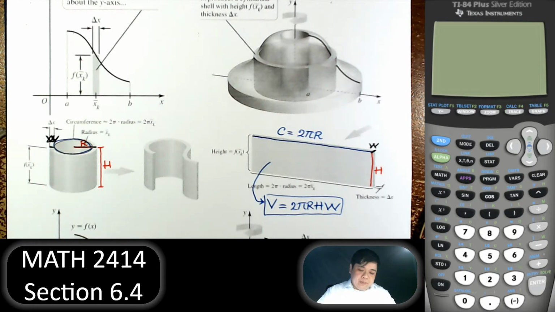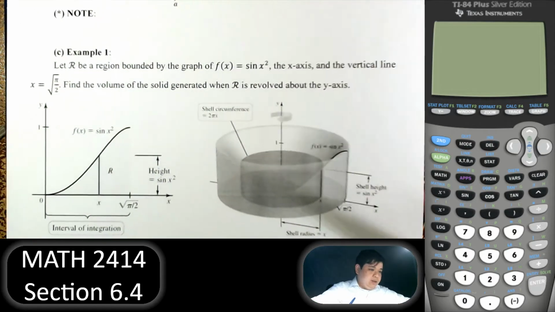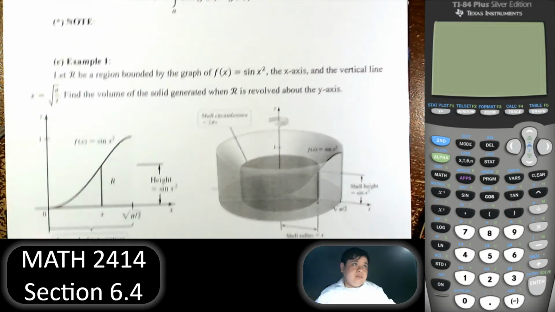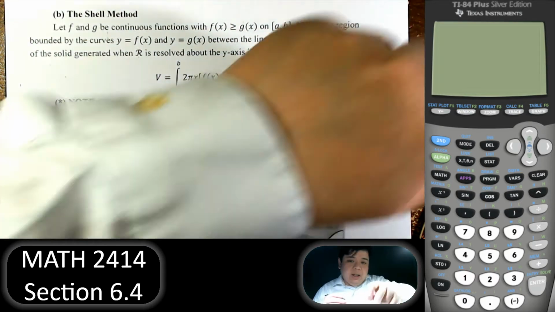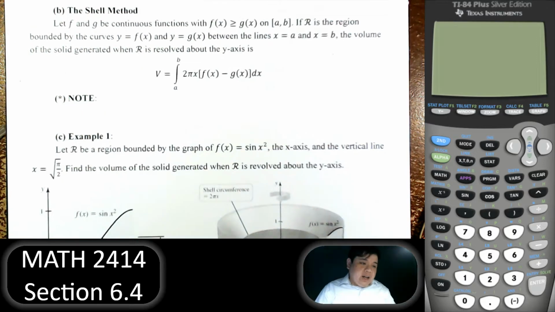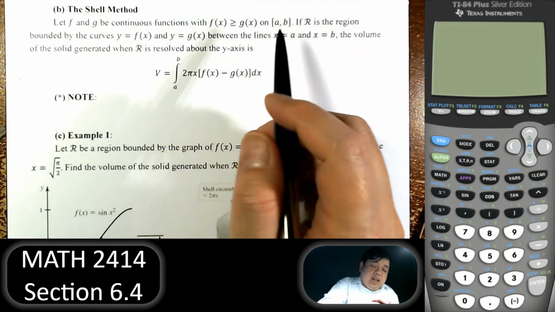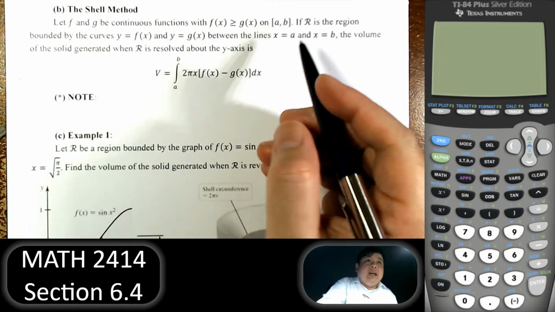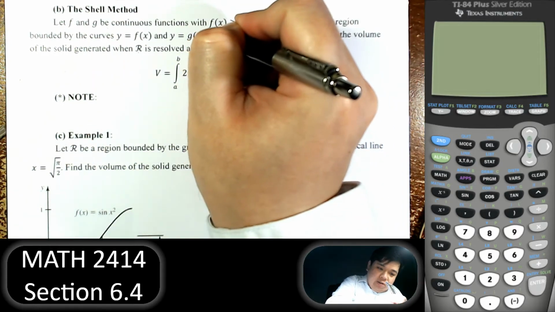So, I'll go to the shell method. Shell method: let f and g be continuous functions with f of x greater than or equal to g of x on a to b. Of course, continuous functions, all of that's very typical.